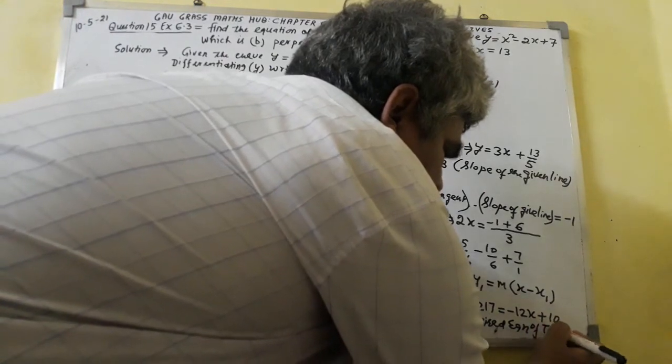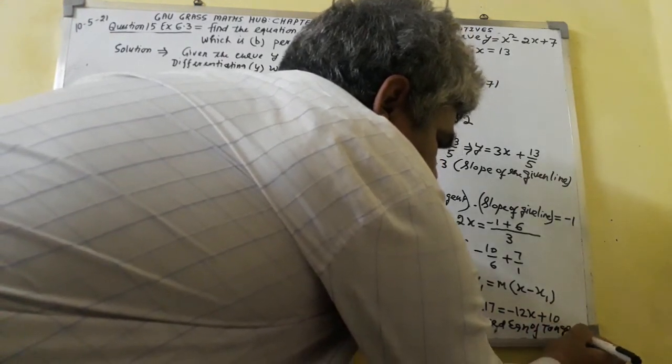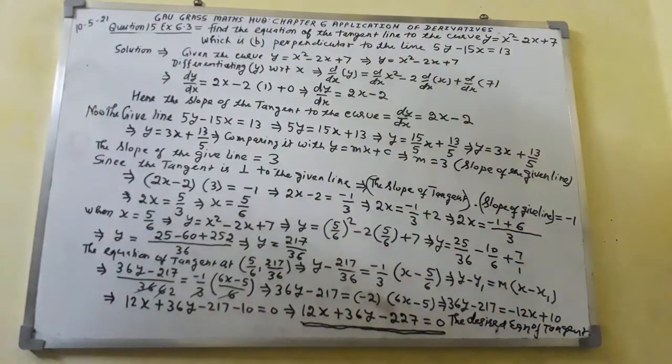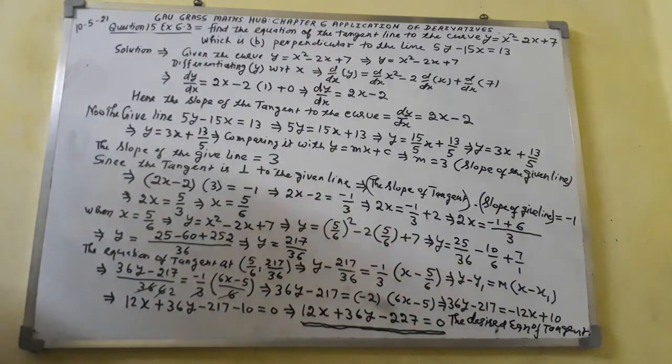I shall write. Now I shall check the answer with the key point. Then I shall confirm it is okay or not. Now here you have got 12x plus 36y minus 227 equal to 0.